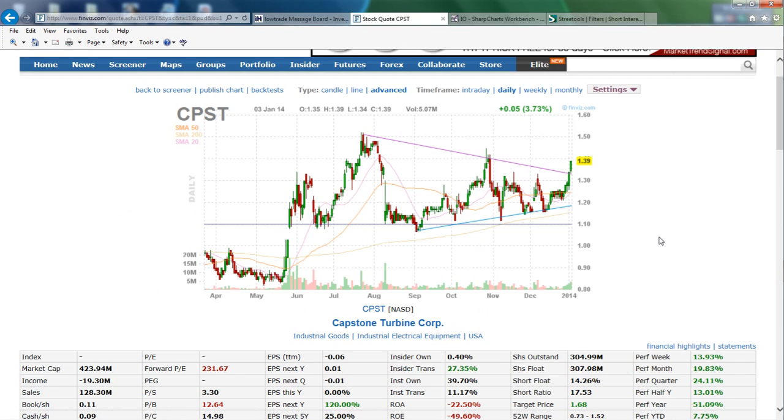This interests me because something's causing them to be buying like crazy. It's broken out of the upper trend line of a symmetrical triangle.